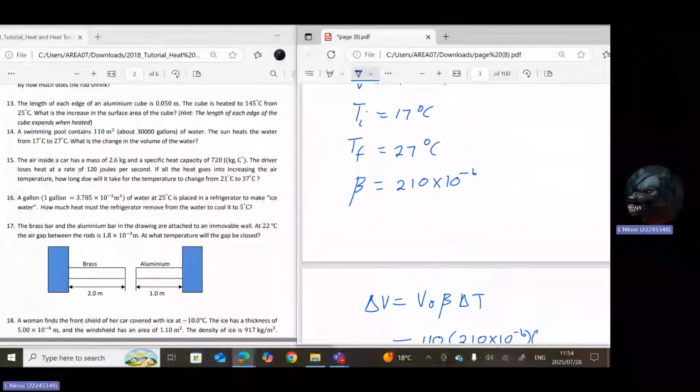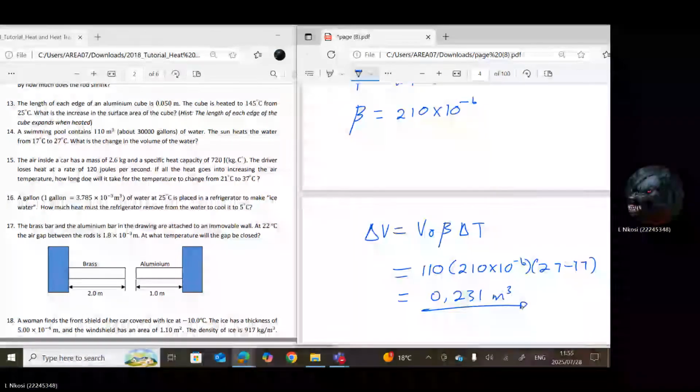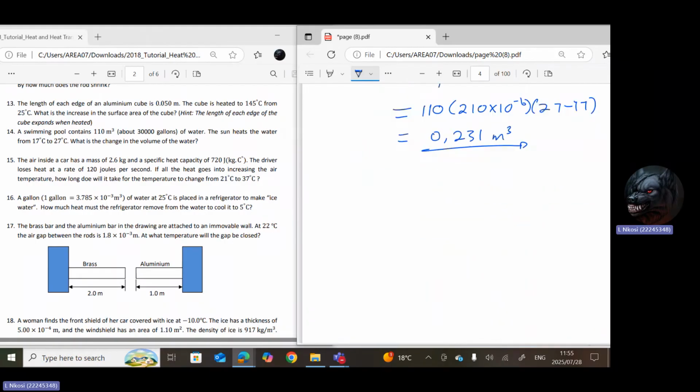Change in T now is 27 minus 17. The answer here would be 0.231 meters cubed. So yeah, you do it like that, number 14.